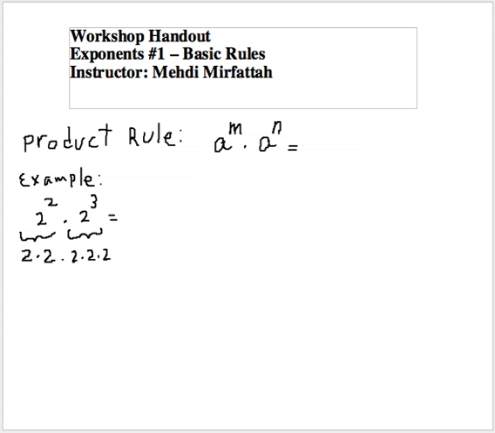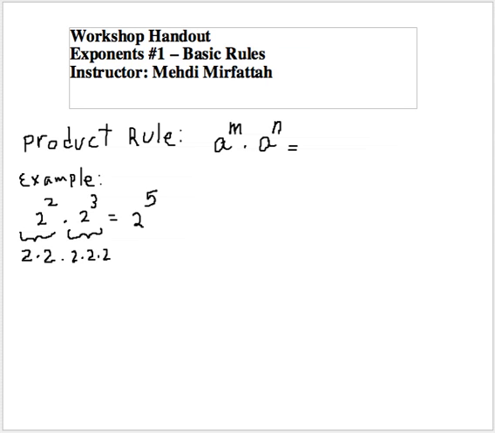Everybody follow that? It should be a very simple concept. So as you see, how many 2's do we have here now? We have 1, 2, 3, 4, 5 2's. So the answer should be 2 to the power of 5. Just by looking at this example, that's pretty obvious.